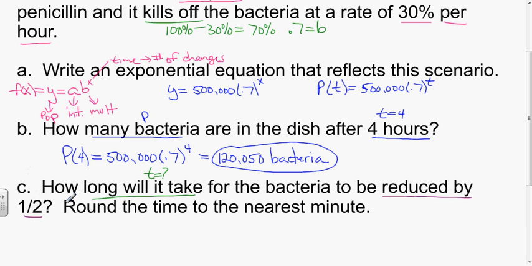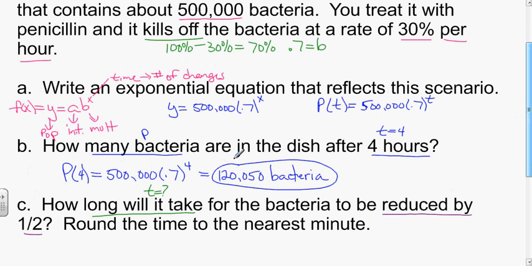The bacteria to be reduced by half, well, that's sort of telling me a population because I knew the population started with 500,000. So I guess the y is going to be 250,000. I guess the P at t, I could say, the population at a certain time will be that.